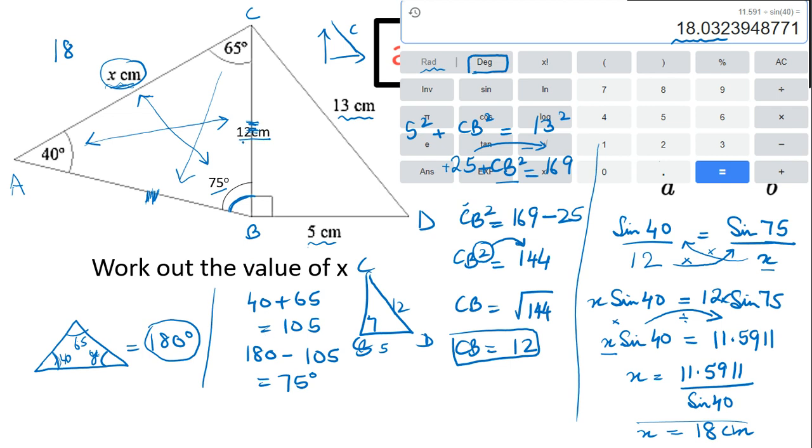Once we're done with that, you have to recall the Pythagoras theorem and the other knowledge that you have in order to figure out that this is a right angle triangle, because this is making a box here. This box indicates 90 degrees, and whenever we have a right angle triangle, we use the Pythagoras theorem, that's a squared plus b squared equals c squared. Using that, you're going to find this missing length.